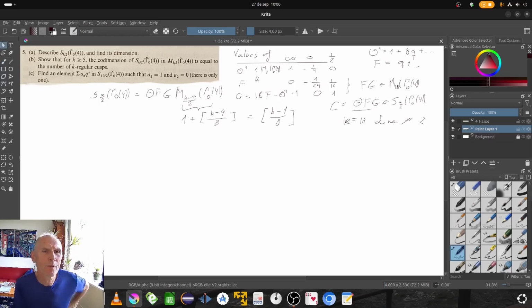I didn't want to start on B because I forgot what k regular cusps are. But the codimension, I thought that would simply be 1. Because if we have two modular forms that are linearly independent, then we can create a cusp form.